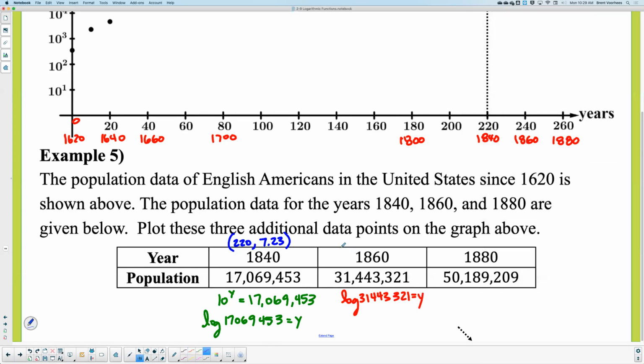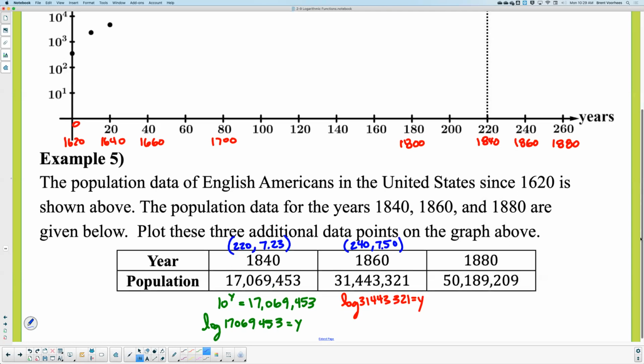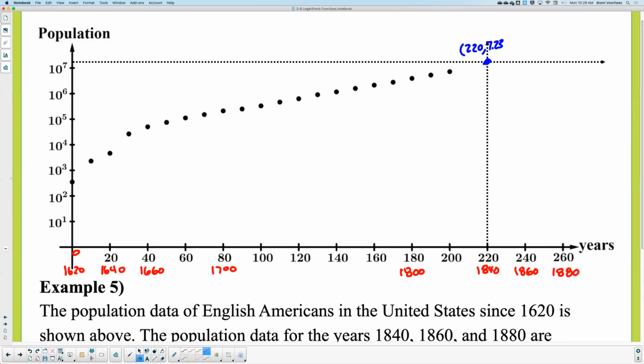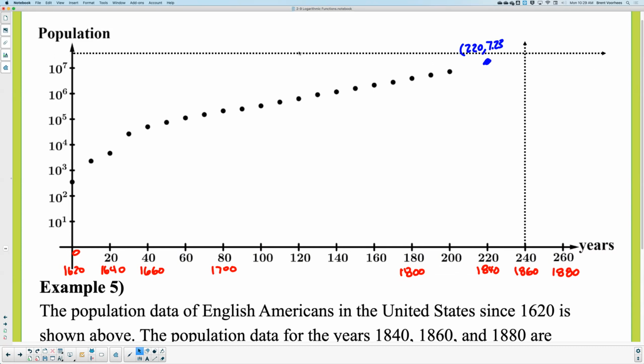Okay. So at 240, we'll have 7.50. I'll move these over to help me out. 240, and I need this to be up at 7.50. I don't know, about right there, maybe. We'll say this is 240, comma 7.50.